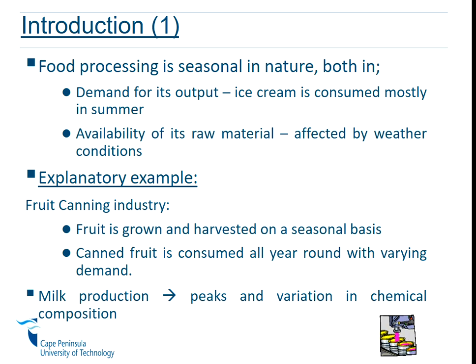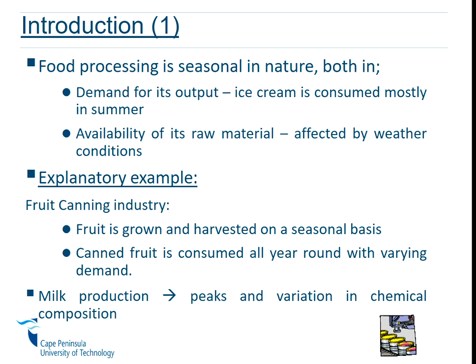And also in terms of the availability of its raw material, this is affected by the weather conditions. So we know that in some seasons we do not have certain crops, so food processing is seasonal in these two regards, both in terms of the demand for the products and the availability of the raw material. So why do we have to know this?